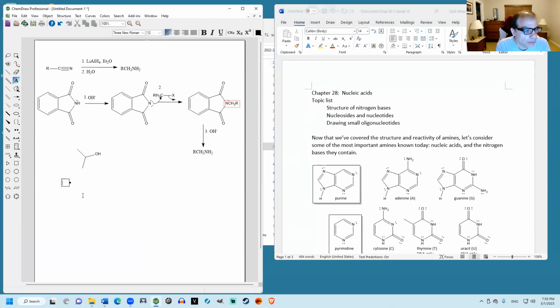So for example, draw a guanine nucleotide of the type found in DNA. That would be a reasonable question.